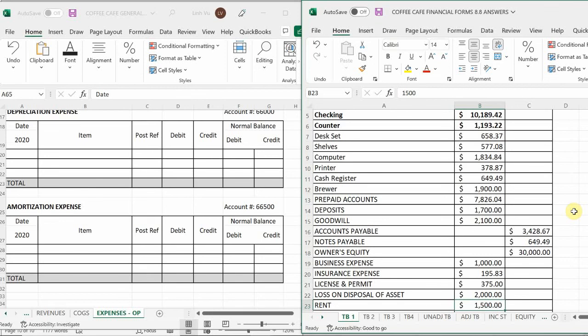Then 1,834.84. Are you adding them all up together? You're adding all of your debits and adding up all your credits, right? Yeah. What did you get on the fourth one? 1,834.84. $1,834.84 is correct for the computer.